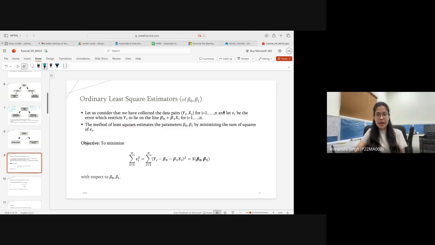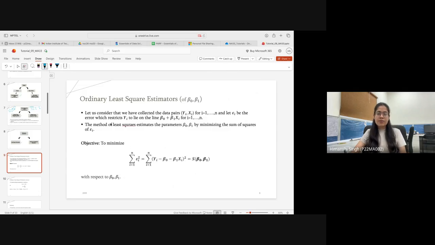There is an observation of yi, and it may not lie on the straight line; it may lie apart from it. So we say epsilon i is the error which restricts this yi to lie on the line beta naught plus beta 1 xi. So this is the epsilon i.